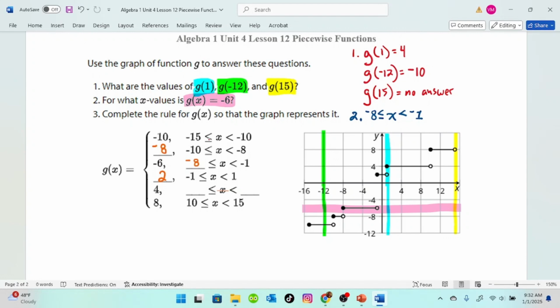So our missing numbers here are positive 1 included and positive 10 not included.